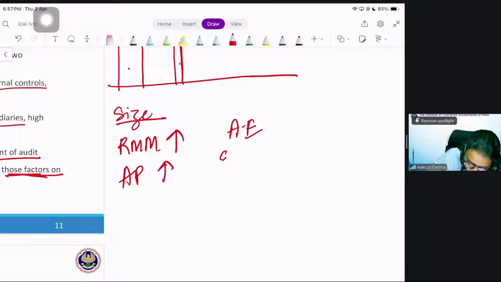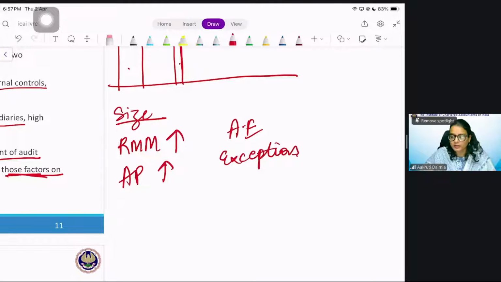Okay. If during the year, in the same year in the company, death of a partner has happened, retirement of a partner has also happened, appointment of a new partner has also happened, acquisition of a new firm has also happened, demerger has also happened, a fire has also happened.